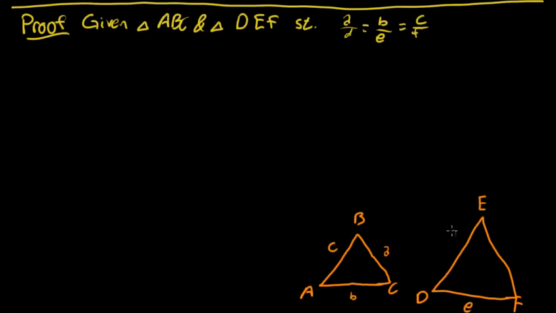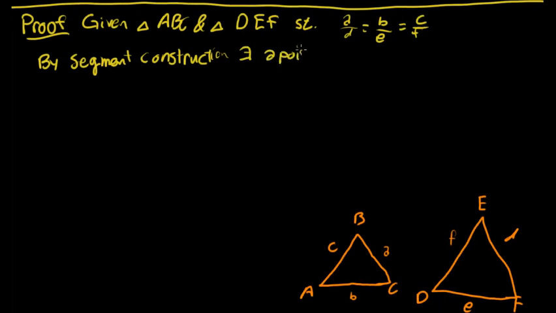We have lowercase letters for sides across from their vertices. Well, by segment construction, there exists some point, we'll call it point G, which is an element of the ray ED, such that C equals EG.